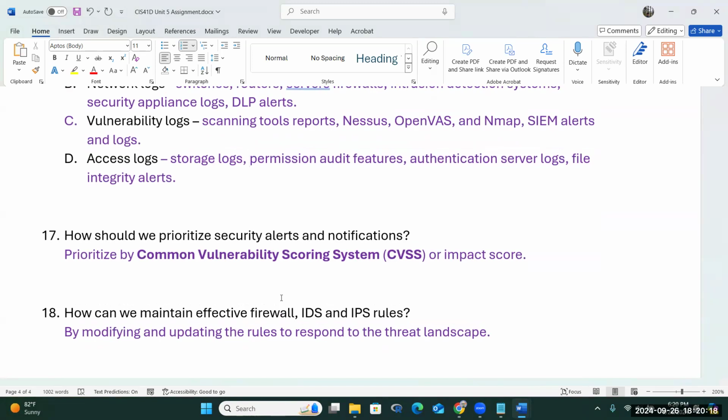Sometimes the score will fall into different levels of severity, like critical, low, medium, or high in criticality. And so that is usually based on the vulnerability scores or the impact score.